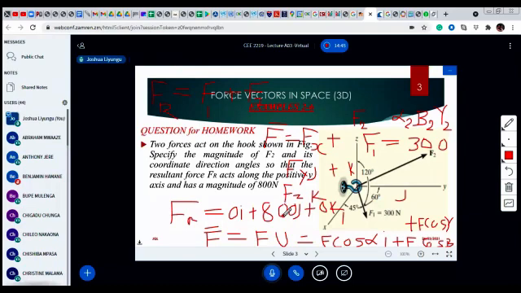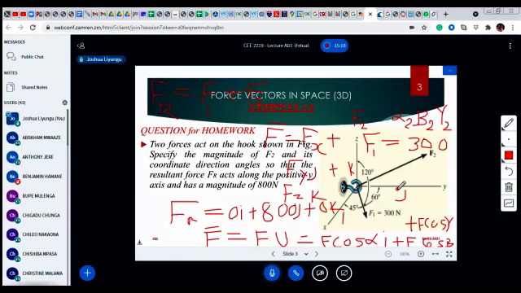You do the same for the last component, which is in the z or k unit vector. Here, 0 is equal to 300 cos 120 degrees plus the z component, which is F2z. You only have one unknown, then you'll be able to find F2z.